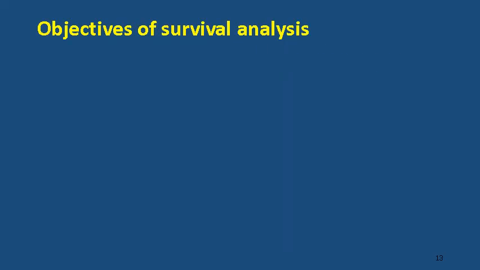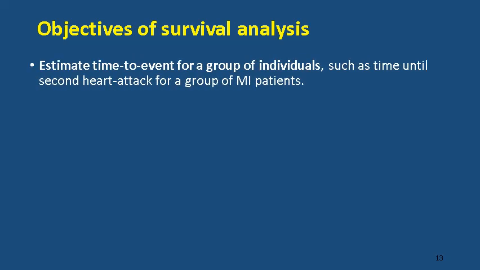Now we can go through the objectives of survival analysis. First, estimate time to event for a group of individuals, such as time until second heart attack for a group of myocardial infarction patients. Time to second heart attack is the time to event.